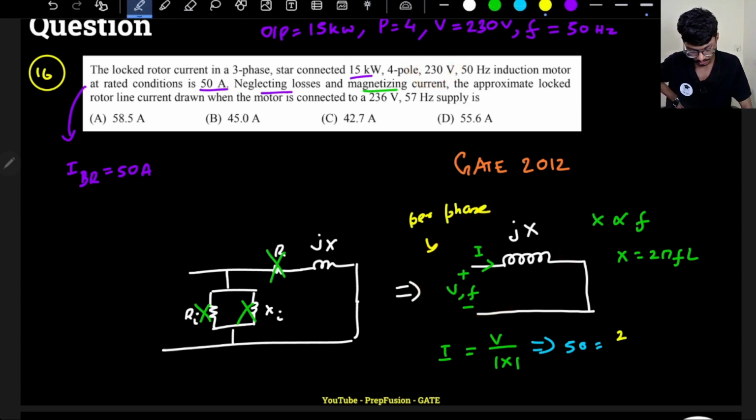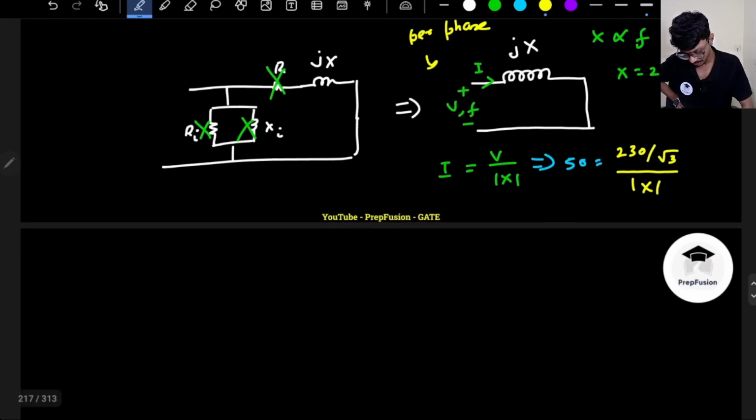So this will be 230 divided by root 3, divided by the reactance. So the reactance equals 23 by 5 root 3. This is the value of reactance when my frequency is 50.